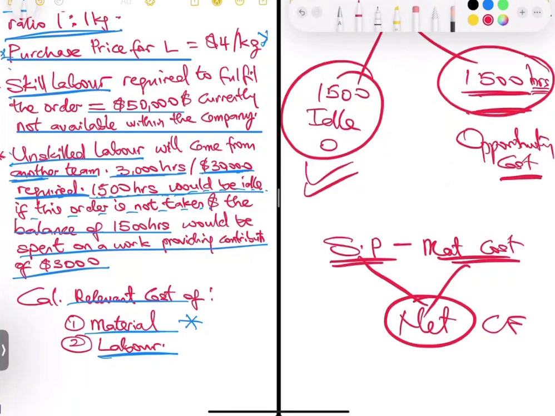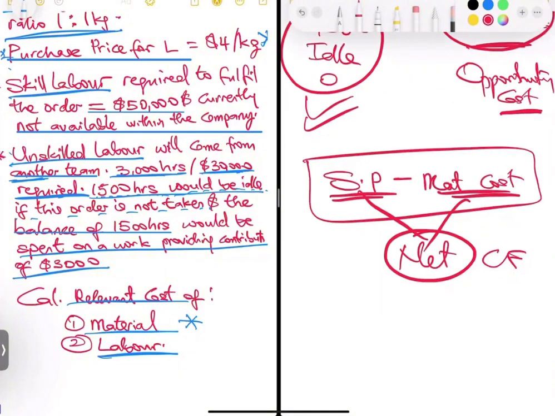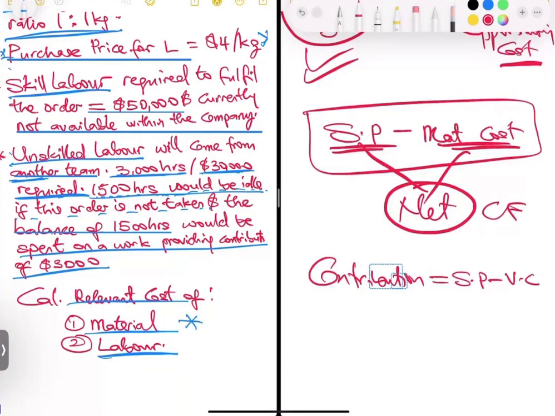The question is, how do you get your selling price minus material cost? What formula can you think of that involves both selling price and material cost? Contribution, guys. What's the formula for contribution? It's selling price minus variable cost, right?